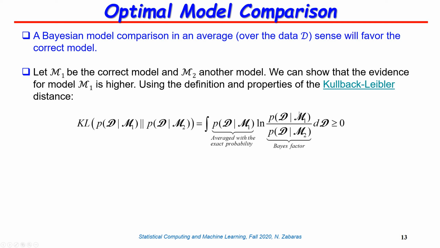All right, so the idea here is that on average, the Bayesian setting will favor the correct model using this KL distance. Okay, so you can see this as an alternative way of approaching this model comparison and model selection problem by using the KL distance.